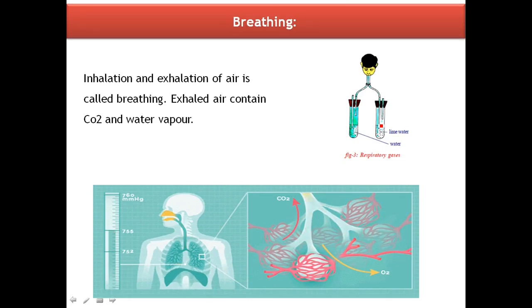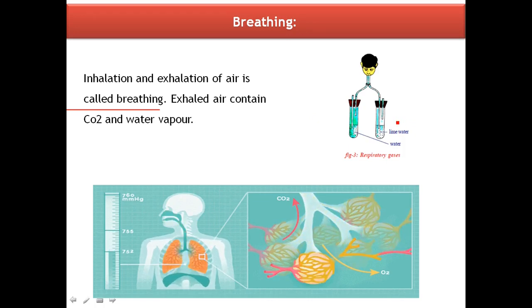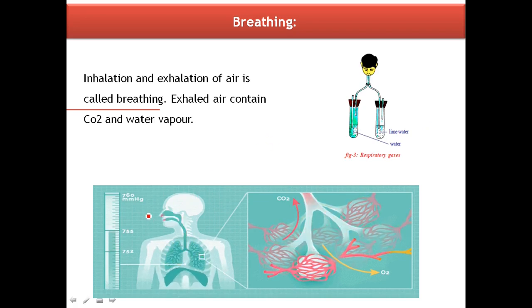As already discussed, the physical process which involves the exchange of gases is called breathing. We know that atmospheric air, which contains oxygen, carbon dioxide, nitrogen, hydrogen, helium and other gases, and water vapor, enters into our lungs.